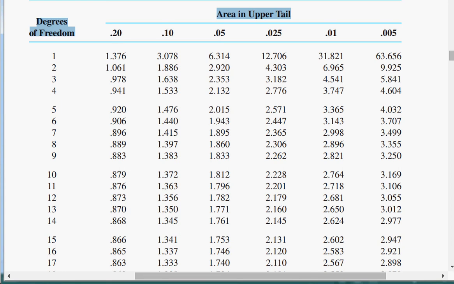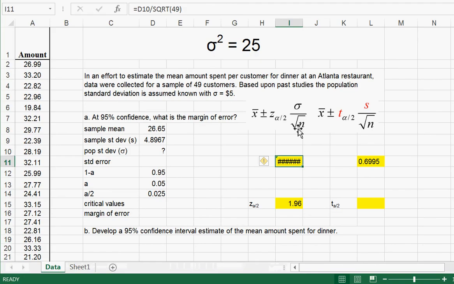Why is that? What is one of the primary differences between this confidence interval and that confidence interval? We're using the sample standard deviation S to estimate the population standard deviation.